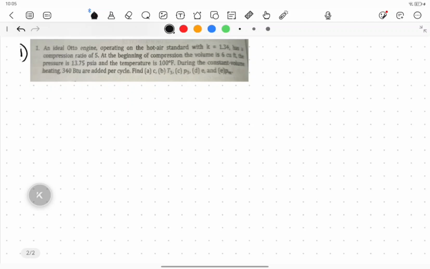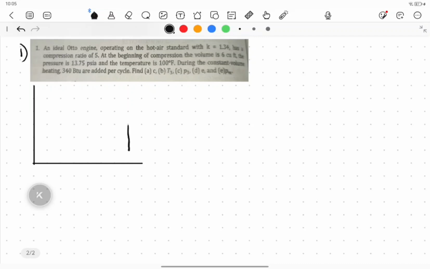So first, we have to draw our diagram so that we are guided for the formulas that we are going to make.